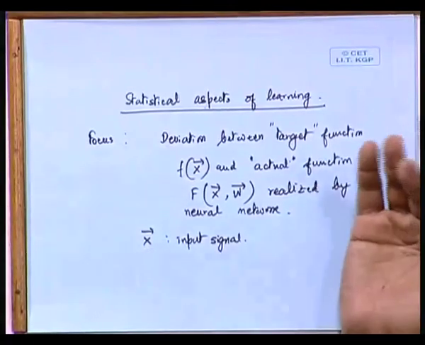So, again I repeat: x vector is the input signal, f of x vector is the target function, which you can describe mathematically, but you are realizing the target function or a very close approximation to the target function by actually working through a neural network, where the neural network does a mapping from this x vector to the output.